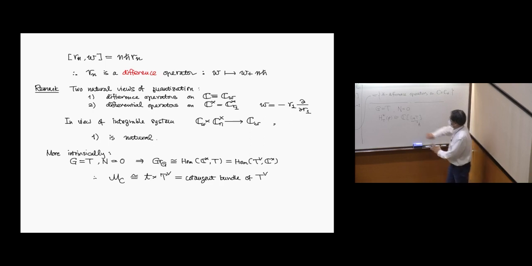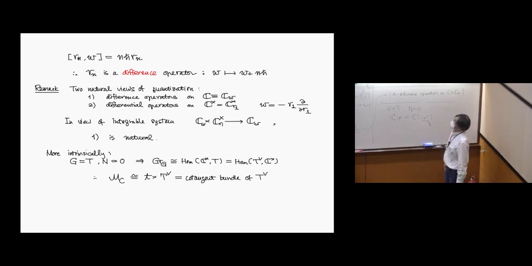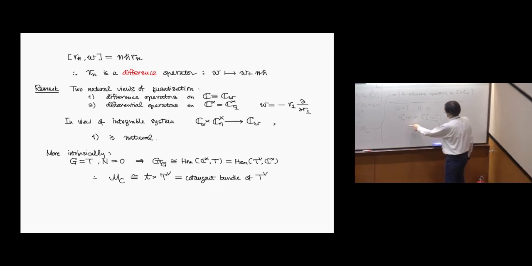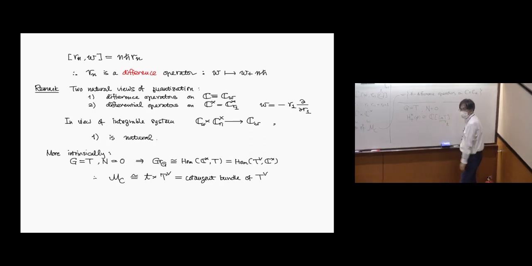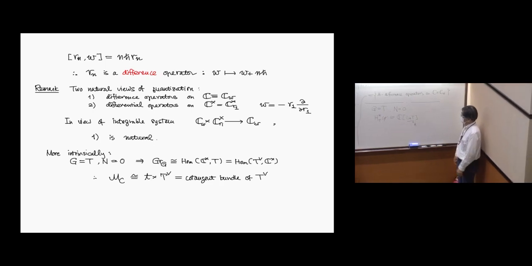This is one part. Of course, there are lots of other natural explanations. But equivariant homology is a function on the Lie algebra. So you take the spectrum.